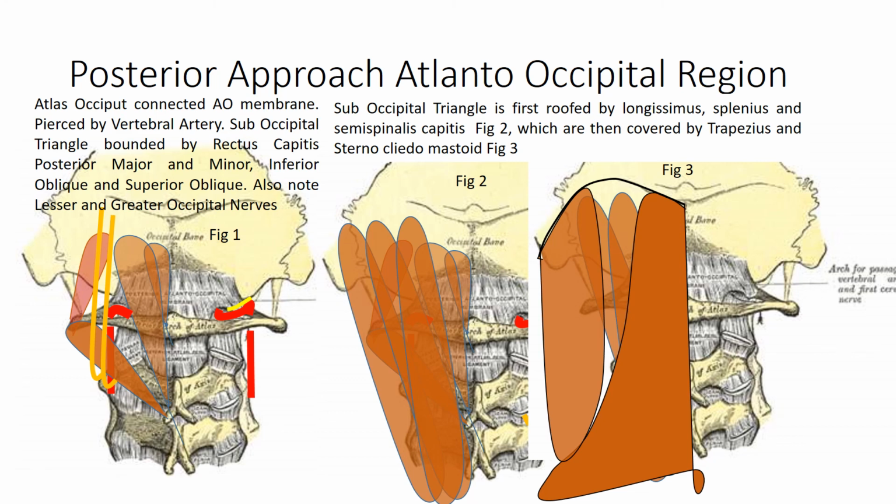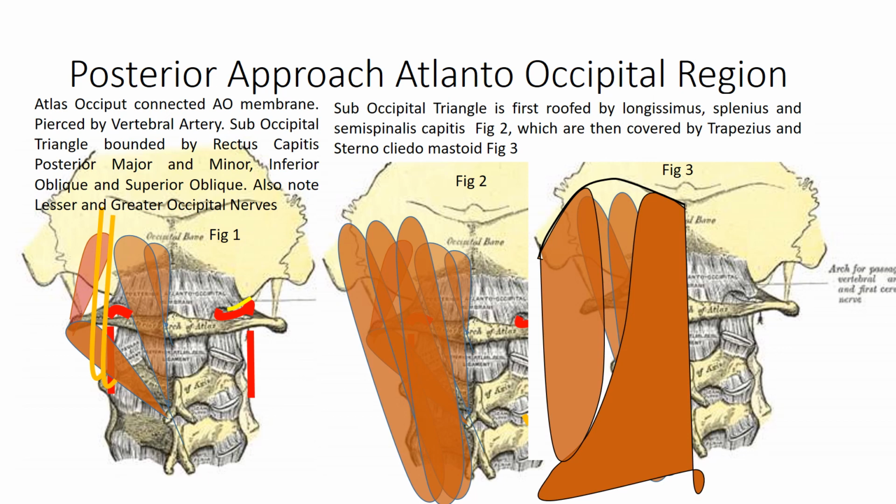Now this is covered by the rectus capitis posterior minor from the posterior tubercle of the atlas, and rectus capitis posterior major from the spine of the axis, both going into the suboccipital region. That is the medial wall.